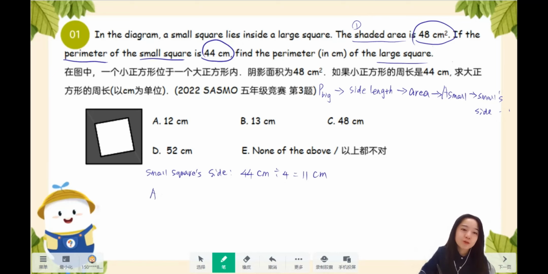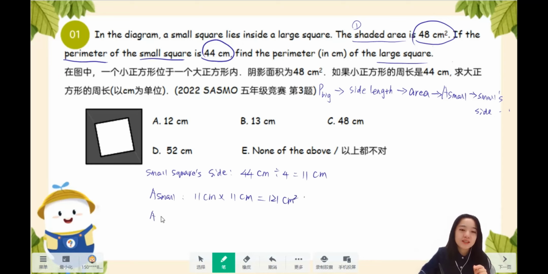And then to solve the small square's area, the area of a square equals the side length times the side length. It is the calculation in the times table, so I thought you can complete it in 1 second. Great, it is 121 square centimeters.